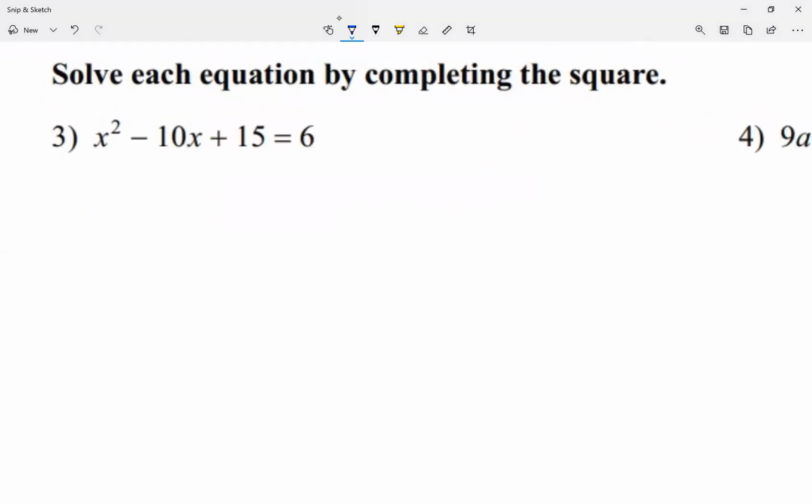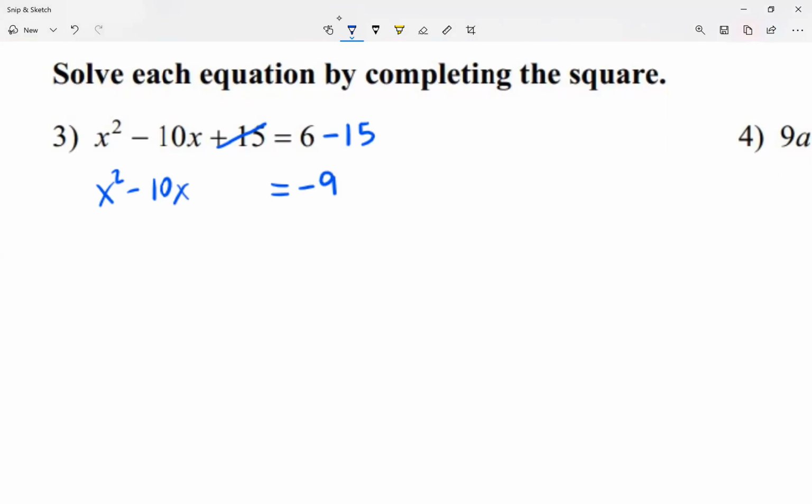So the plus 15, I'm going to move to the other side as a minus 15. Don't forget to switch the sign. So now I have x squared minus 10x, let me leave a space, equals negative 9. 6 minus 15, that's where I got the negative 9 from.